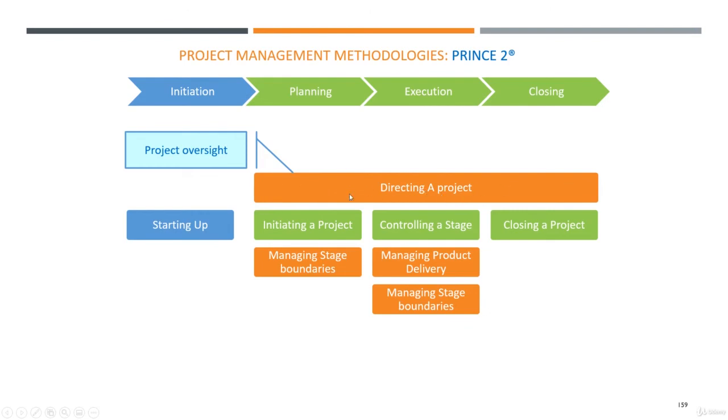So it's all the interaction, all the approvals and the likes. So we obviously have those as well in this, but once again, as for PMP, they like to describe this process in a separate entity, and they call it directing a project. Same thing, but the description of the event is done in a separate part of the course, if you like.